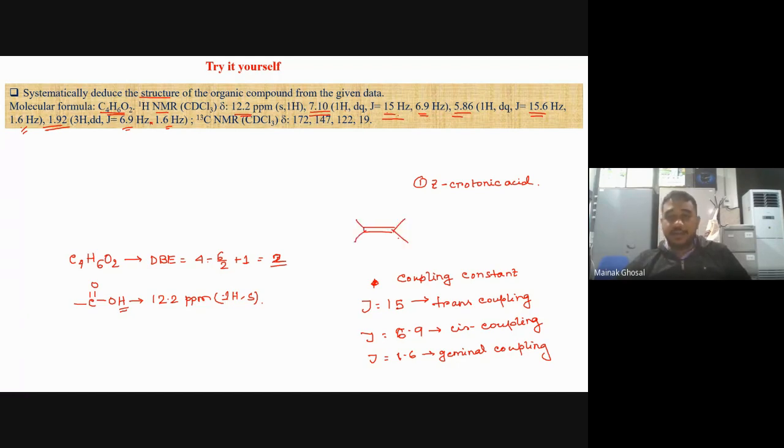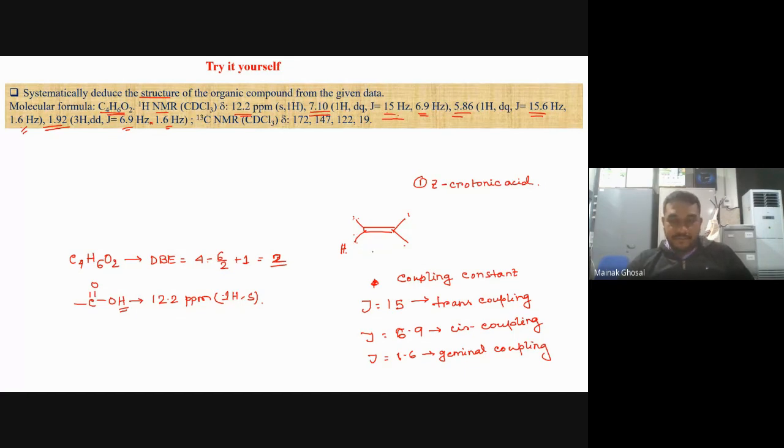Why? Because if you consider this hydrogen, it is geminal to this one, cis to this one, and trans to this one, and this is applicable for all the other protons if available here or here. So in this alkene kind of system, it is possible that you have a proton which is cis to one, trans to one, and also geminal to one.